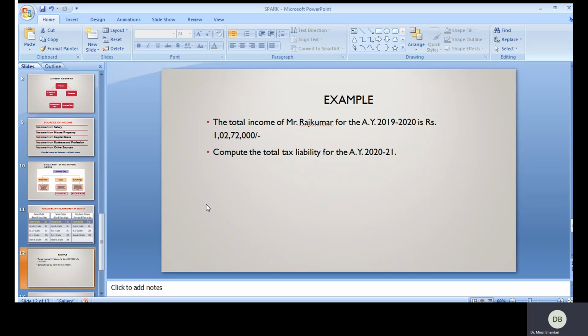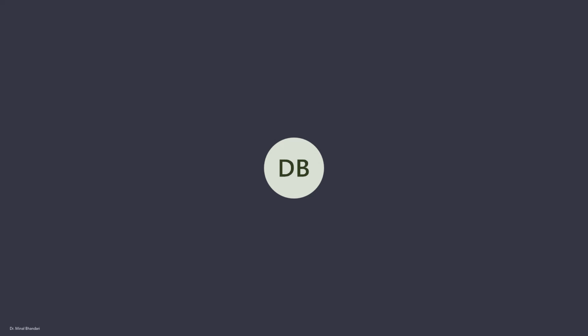Now, this tax liability we will discuss with one example. This example we will discuss with the help of an Excel sheet. Here you may find the Excel sheet. Just wait.